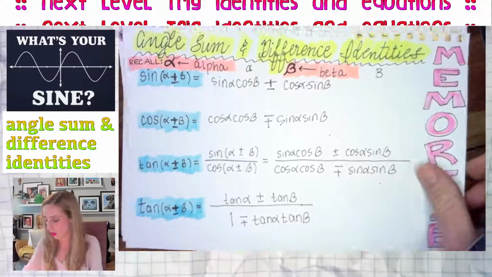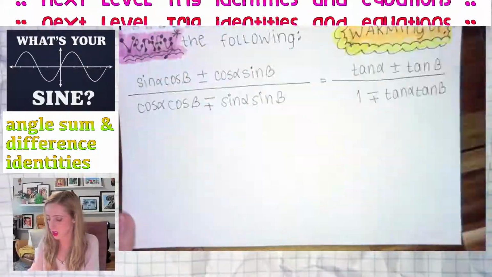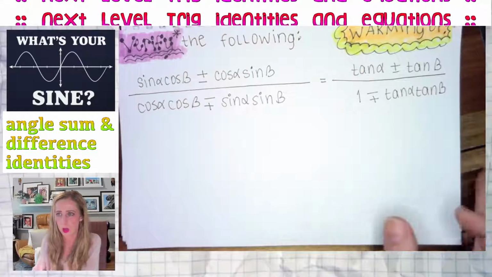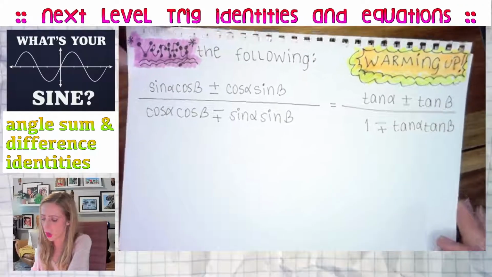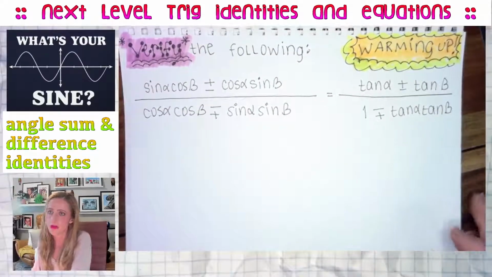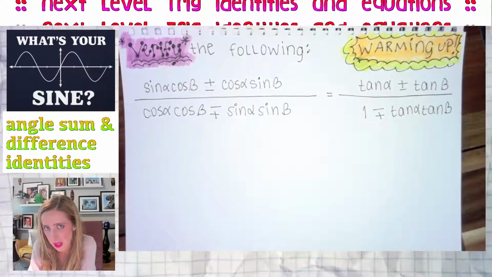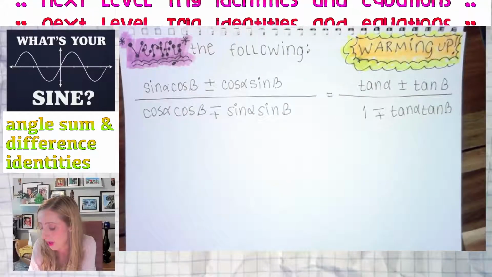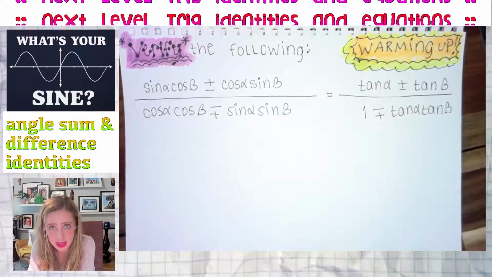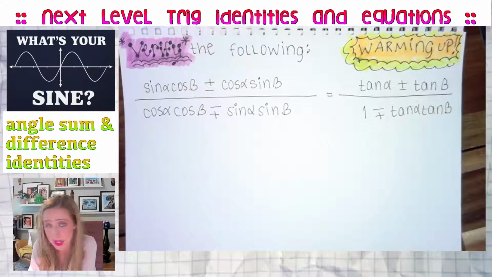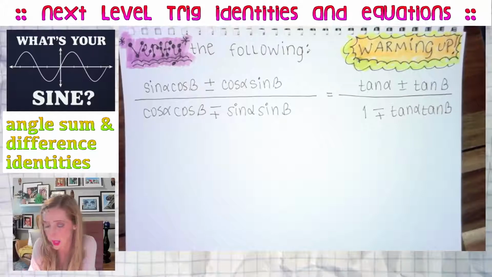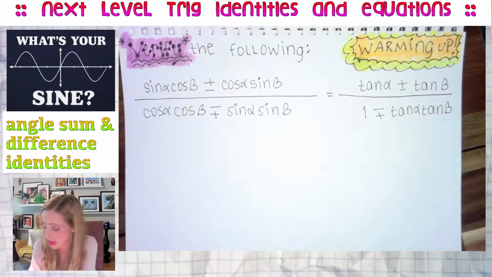Okay, so hopefully you're ready. Let's check out our warm-up example. So to warm up, I would like us to verify the following. If you remember what the word verify means, we use that when we have an established identity in front of us. Something is an identity if the left side and the right side are equivalent. They are the same thing.